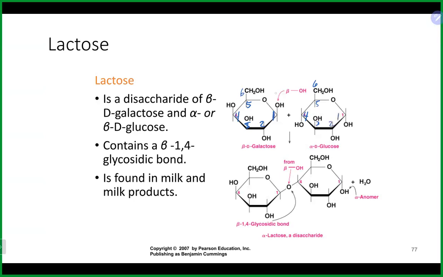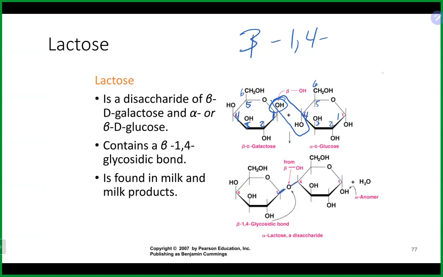They are going to come together through carbon number 1 and carbon number 4 on the respective molecules, which is why the name here is beta 1,4 glycosidic bond, because again it's carbon number 1 and carbon number 4 coming together. And this is a beta OH, which means we will actually get a beta connection. You can see that is this connection right here.